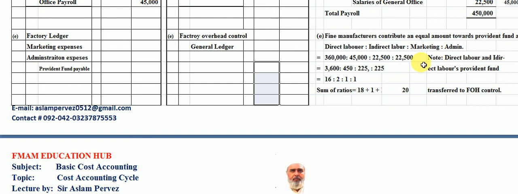Now students, the simplified form is 16 ratio 2 ratio 1 ratio 1. The 16 plus 2 is 18, which belongs to factory overhead control as direct labor and indirect labor. Both the remaining ratios, 1 and 1, belong to admin and marketing here. The sum up is 18 plus 1 plus 1.